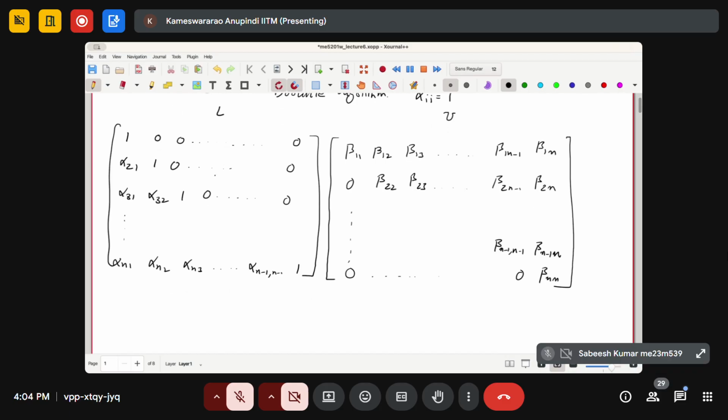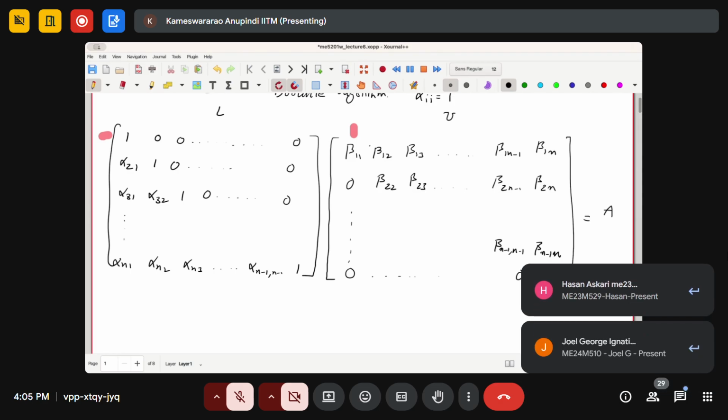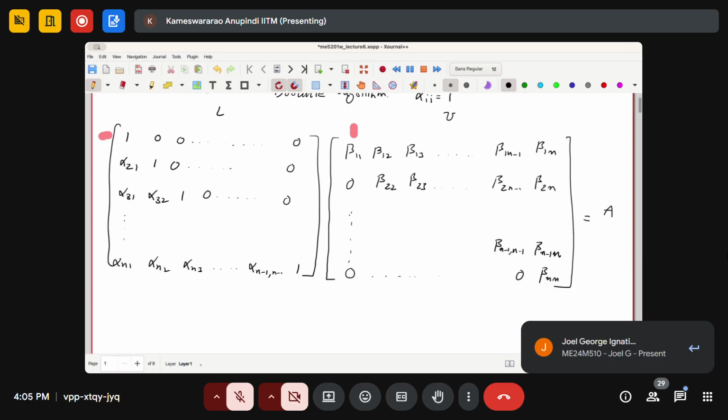Then let me look at the first column. As you remember from the algorithm, we only wrote beta 1 1 equals a 1 1, right? If this was producing A, then beta 1 1 equals a 1 1. That is the only multiplication we have done. We have never multiplied these zeros with these zeros, right?